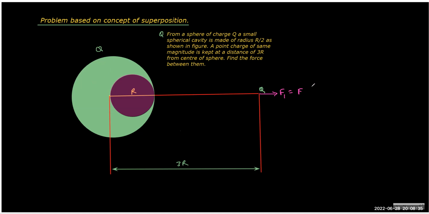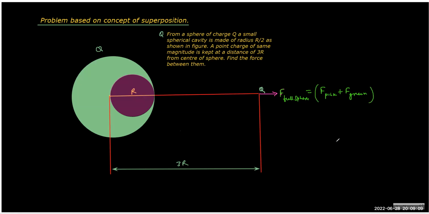Okay, so let's say the net force, I can tell you. The total force F due to the full sphere will have the support of F due to the pink sphere and F due to the green.